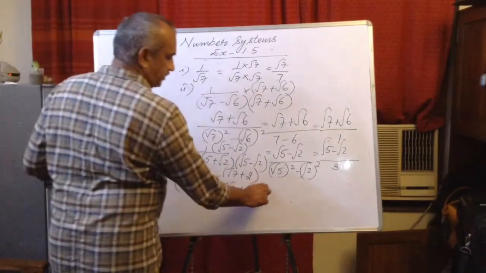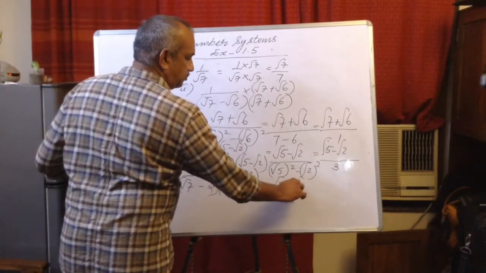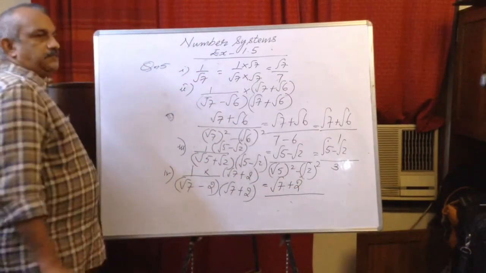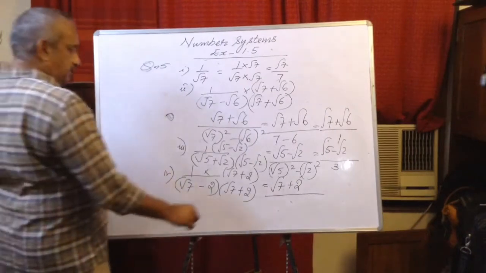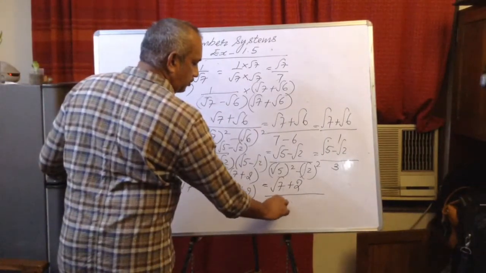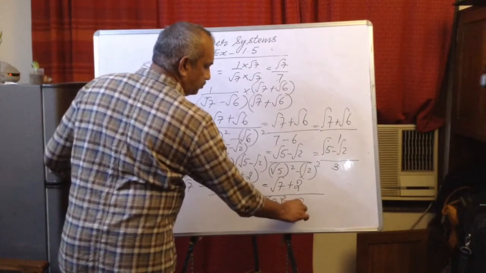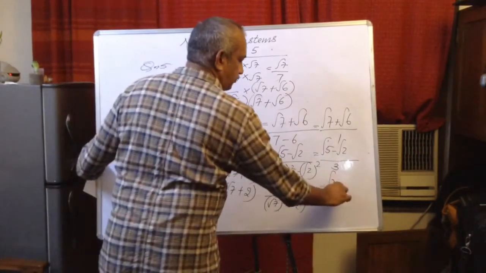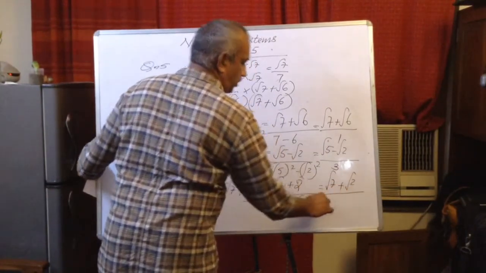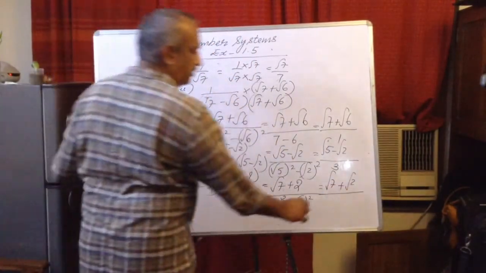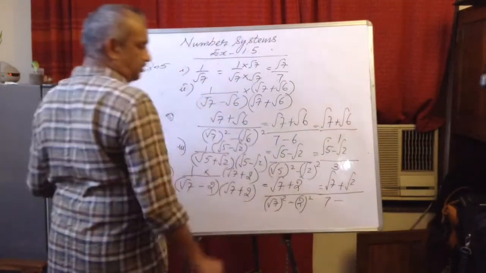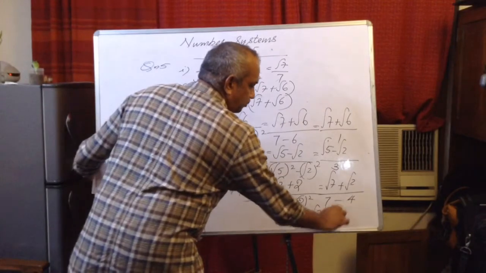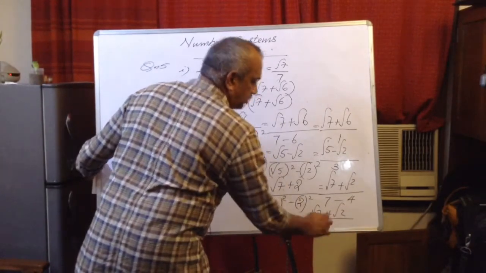Now the numerator will become root 7 plus 2 upon the denominator, a plus b into a minus b, root 7 the whole square minus 2 the whole square. So it will become root 7 plus 2 upon, what is root 7 square? 7. And what is 2 square? 4. So root 7 plus 2 upon 3 is the answer.